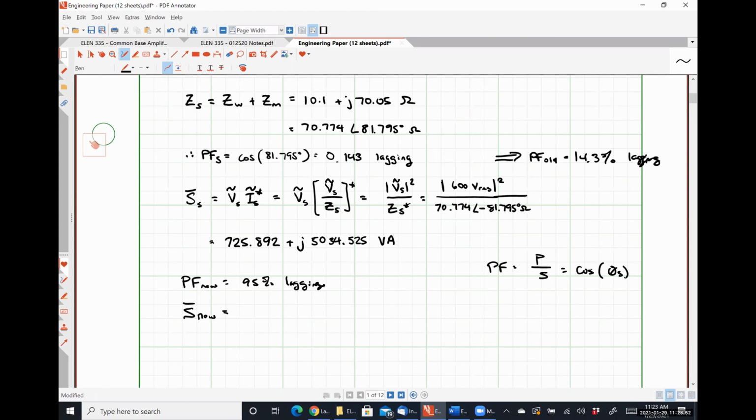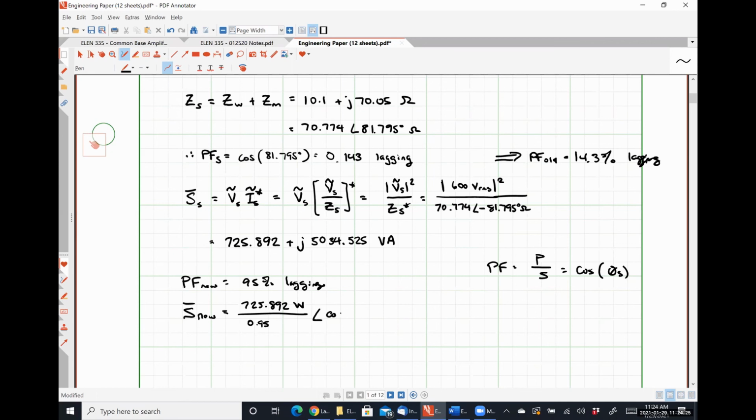We know what P is. We know what the power factor is. So we should easily be able to determine S and theta S just from this relationship, right? So I would argue that P, 725.892 watts, divided by our power factor of 0.95 gives us the apparent power of our system after power factor correction.